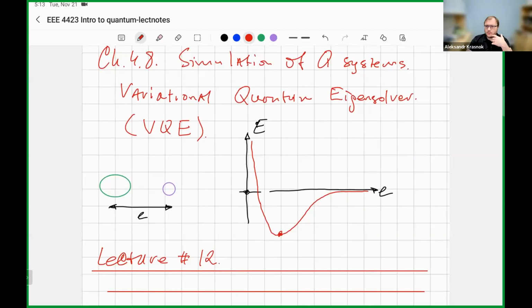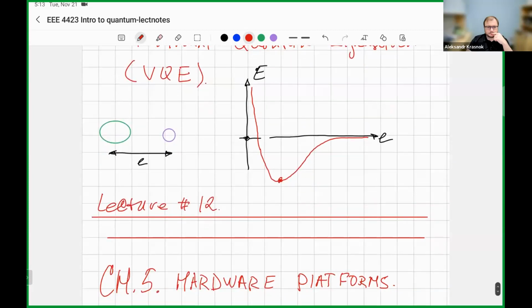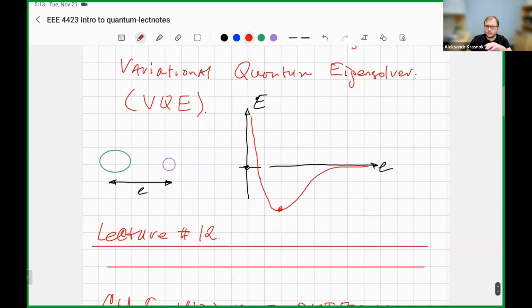So it's a very actively developing research area today, and I would say in general the development of quantum algorithms is much faster than the development of the hardware of quantum computers, because of many challenges in the area of hardware.